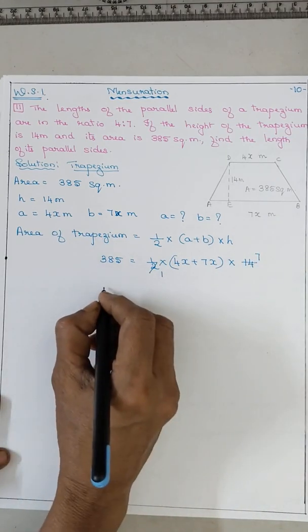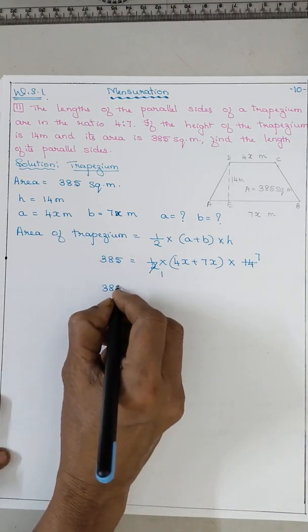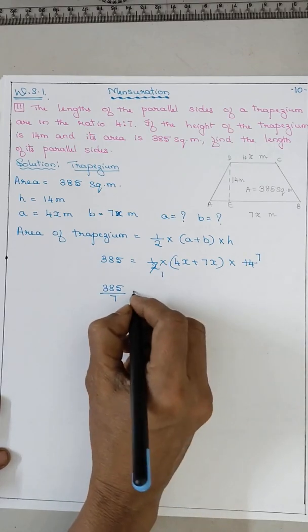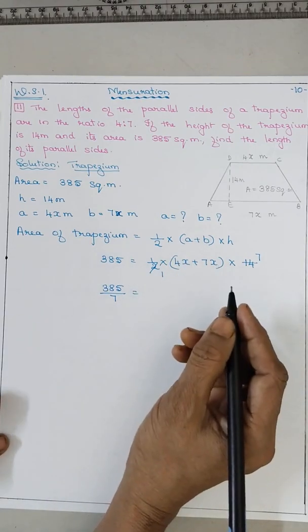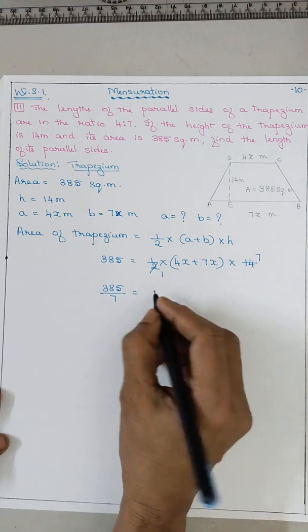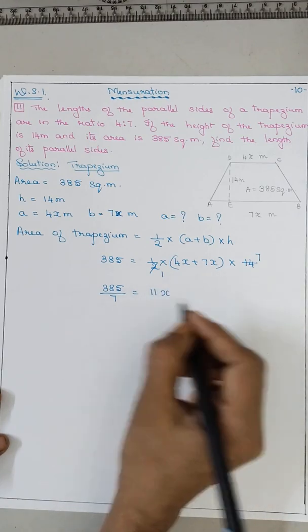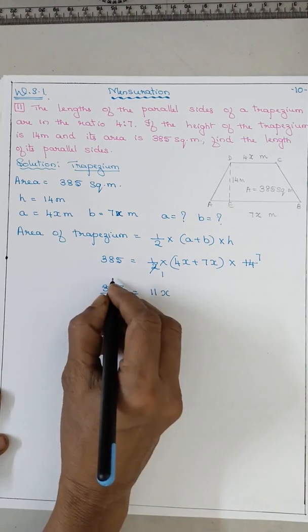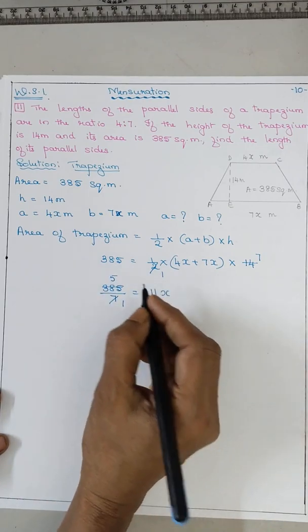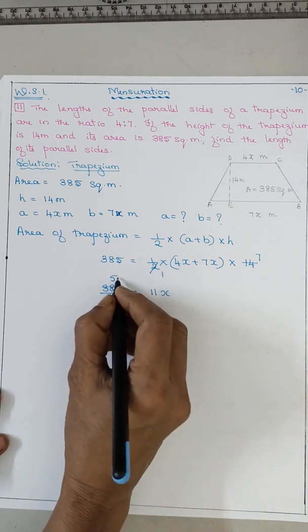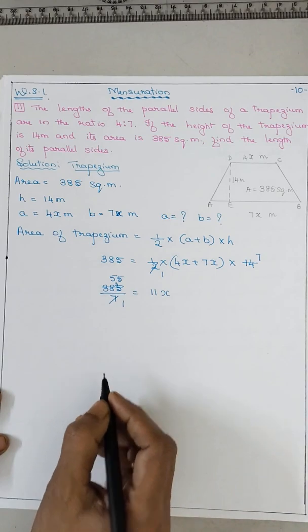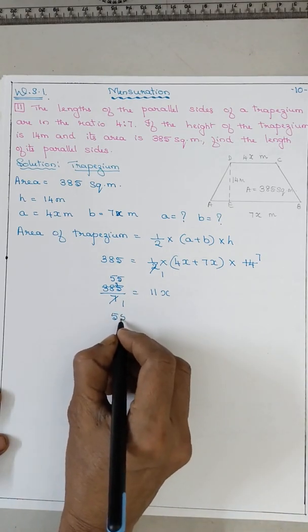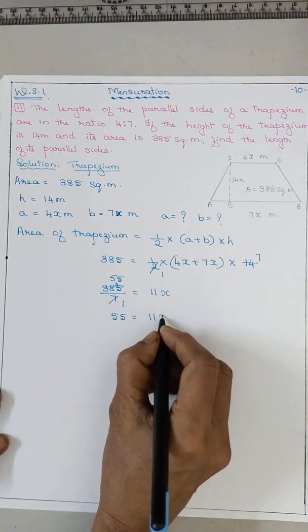So 7 you take to the other side: 7 times 4x plus 7x, that is 11x. 7 fives are 35, 3 remains, 7 fives are 35. 55 is equal to 11x.